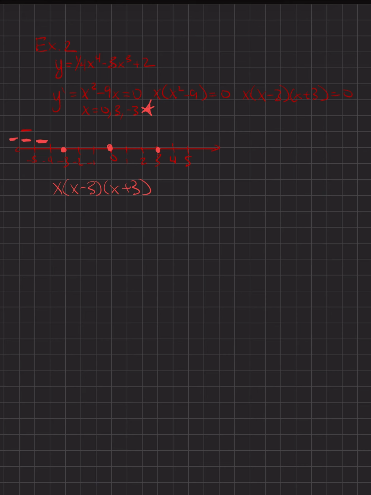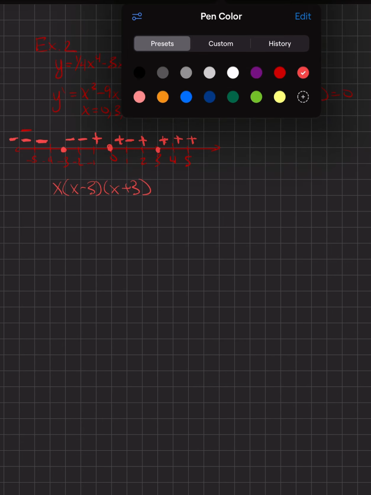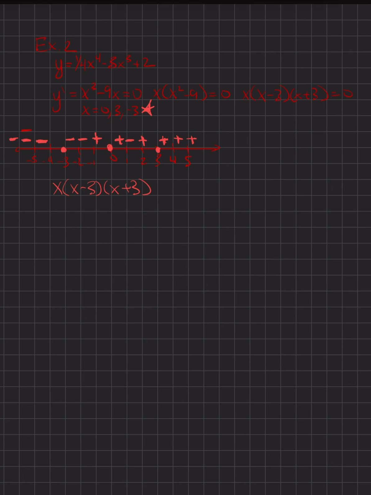If we do the same thing here, we get negative, negative, positive, so positive, negative, positive, positive, positive. Just like I was telling you before, the signs are just going to alternate, so I won't waste any time going over that. But if you want to really break it down, remember, we're just plugging values into this and seeing what happens.